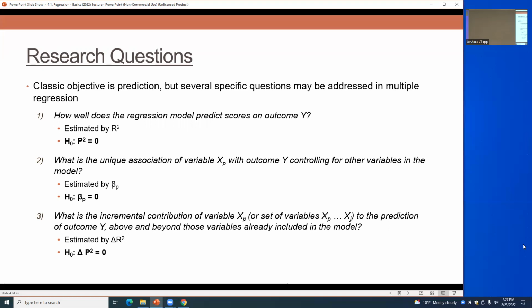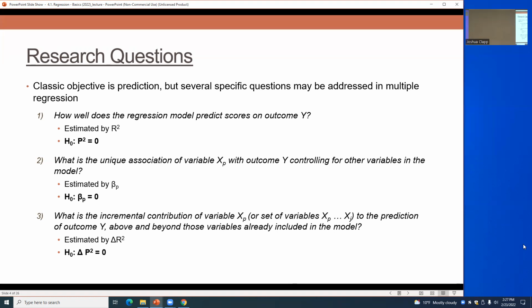I can run a model with 1, 2, 3, look at that, and then in the next step, add in W and Z and ask, do these variables together contribute to some non-zero increment, some non-zero increase in predictive value in this model? Here, what we're looking at is an R squared change. What's the R squared for the model with my first 3 variables? I add in another 2. What does that do in terms of prediction above and beyond my first set of variables?